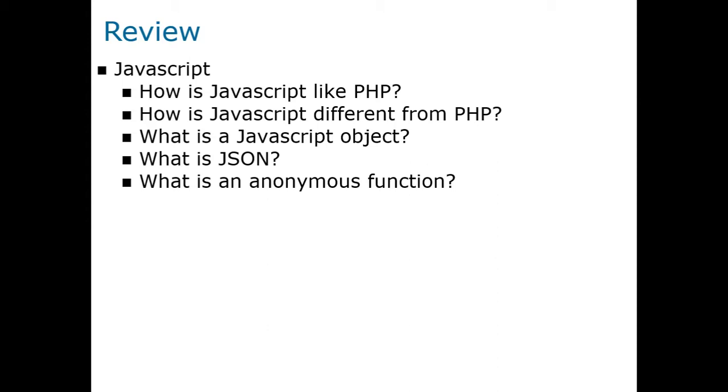In fact, sort of a tangent, but also interesting, we learned about databases last week, right? We learned about SQL. JSON is the basis for a kind of database that's become very popular recently called MongoDB. MongoDB is a database that's built around using JSON to represent the data instead of the SQL tables, columns, and rows that we learned about last week.